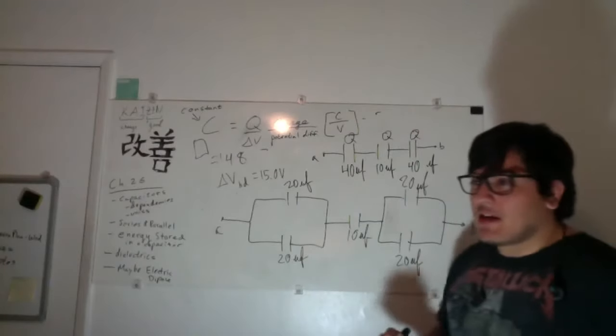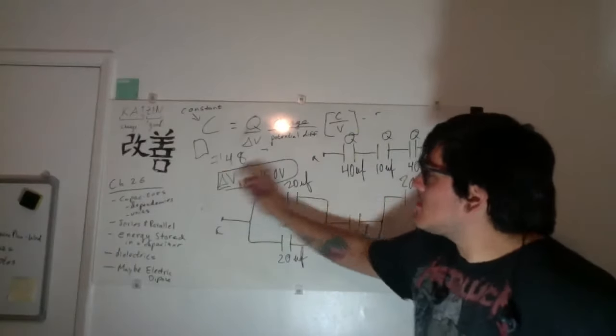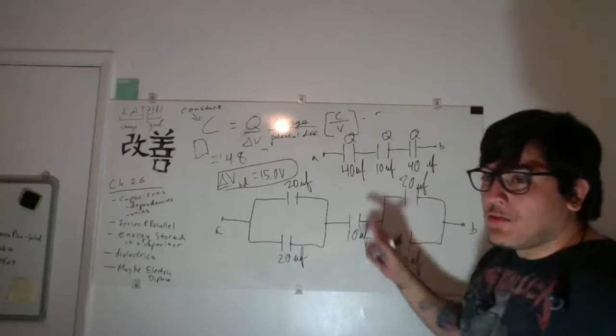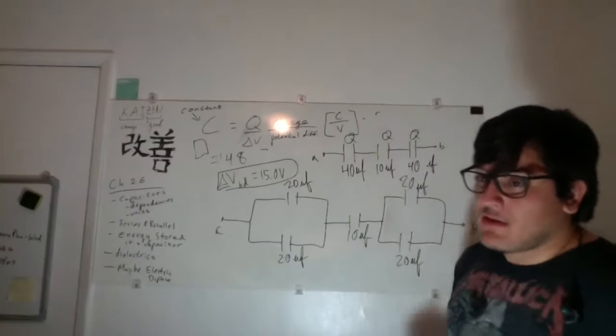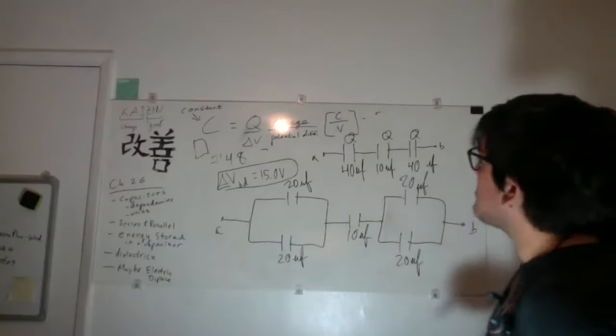But what we have to analyze here is, if this is the breakdown voltage for the entire circuit, then which one of these breaks down first, and then which follow. That's important.